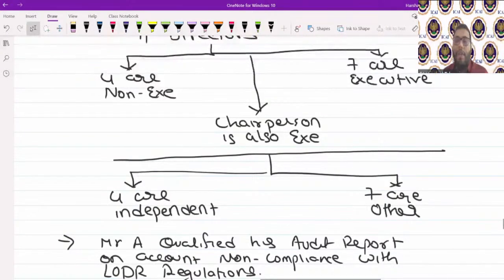If any non-compliance to the LODR regulations is there, the auditor qualified his audit opinion. Is it appropriate? Pretty simple. This is a structure of BOD. And auditor has qualified on basis of this structure his audit report.